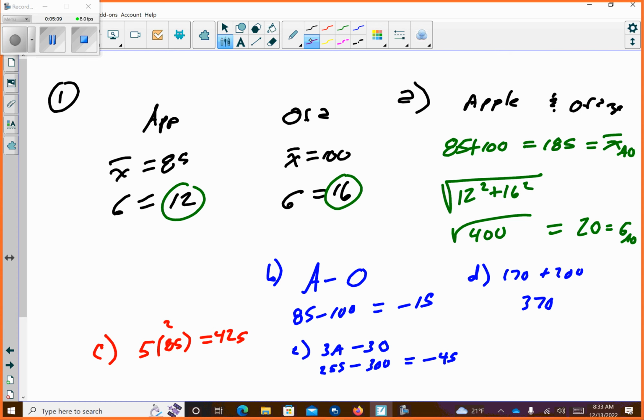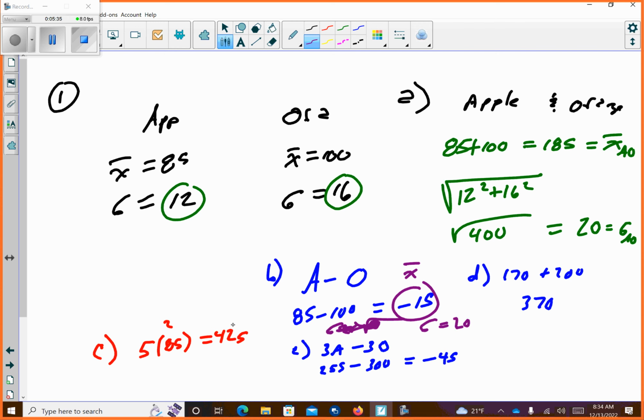The difference in weight between an apple and an orange is the negative 15, and this is the new mean, but I have to find the standard deviation. Because we're just subtracting, this would have the same standard deviation as the 20.